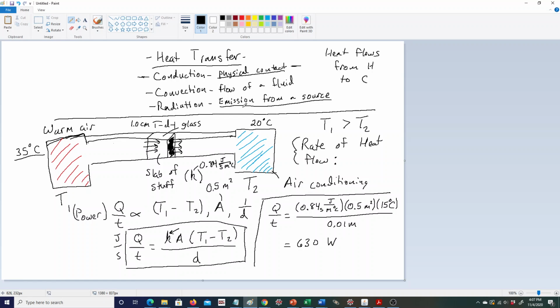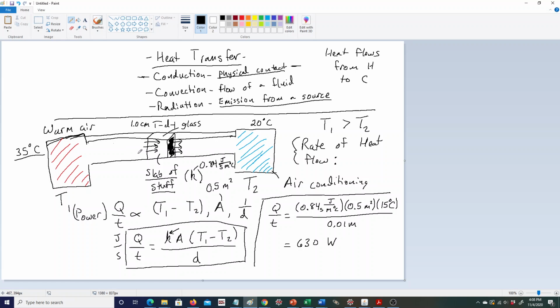You can think of anything that obstructs the connection between two reservoirs as a slab of stuff. And that stuff can be anything. It can be glass, it can be fiberglass, it can be insulation, it can be wood, it can be whatever you want. It's just a slab of stuff. Now, in our case, we're going to say that it's glass.